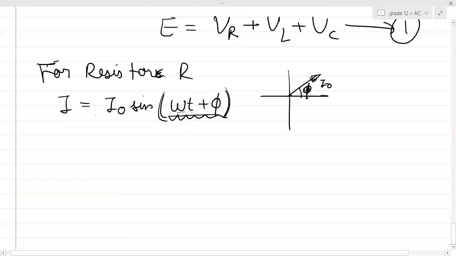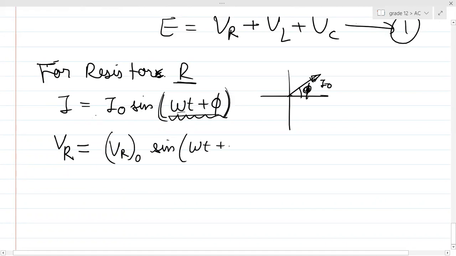Yes, sir. Can you see over here, in the case of resistance, the potential difference across the resistance should also be in the same phase, right? So can I write VR is also in the same phase as the current, omega t plus phi?